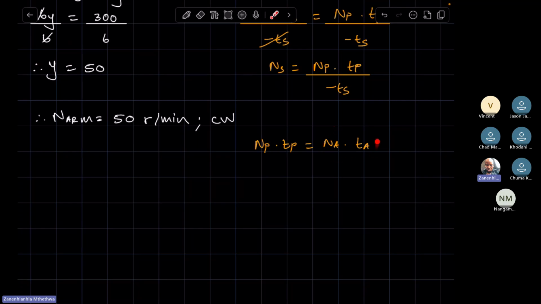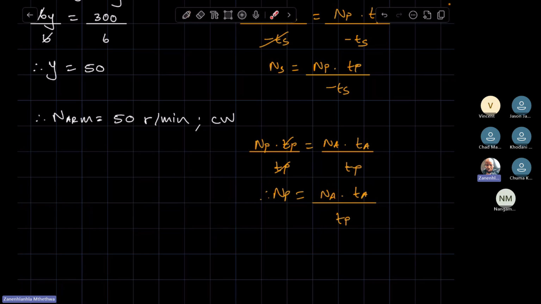As per the first condition, this one is rotating clockwise, and because this meshes with that, and this is a ring gear, they are rotating in the same direction. So if this is rotating clockwise, that's rotating clockwise, hence it remains positive. Of course, you are looking for NP, so you divide both sides by TP. That cancels, therefore NP is equal to NA times TA divided by TP.